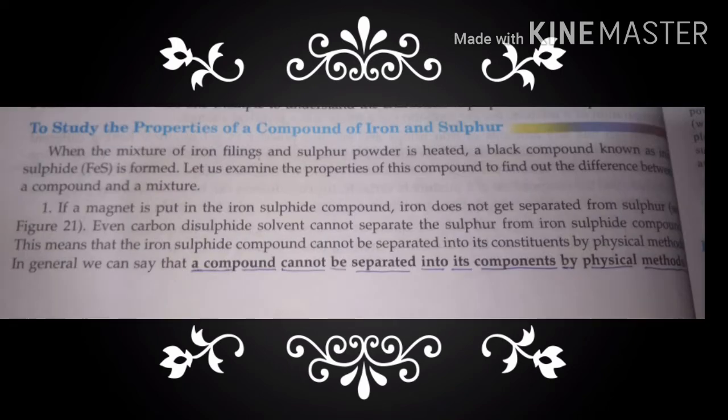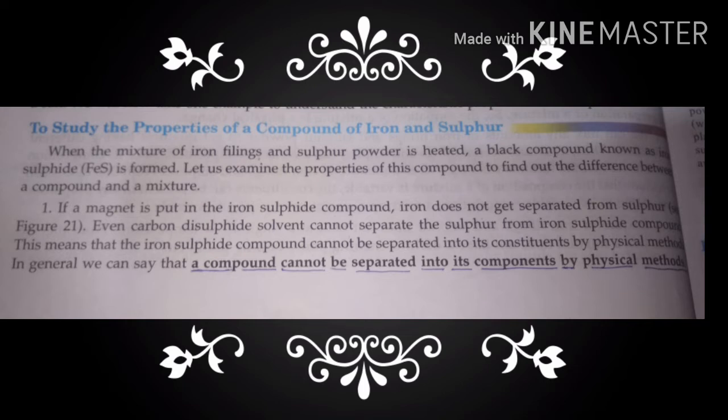The first property is that a compound cannot be separated into its components by physical methods. For example, if we put a magnet in the iron sulfide compound, the iron does not get separated from the sulfur.